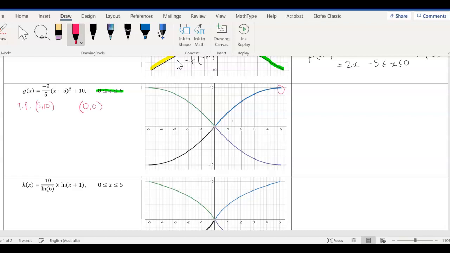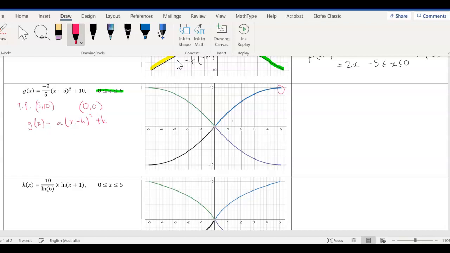Now, when you're finding the equation of a parabola, obviously you can do it in expanded form, factorized form, or turning point form. Now, I love turning point form because first of all, you can see the transformations, but also you can see the turning point. So your turning point form is a(x minus h) squared plus k. So h and k are the coordinates of your turning point.